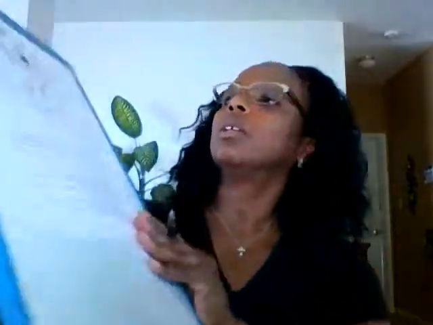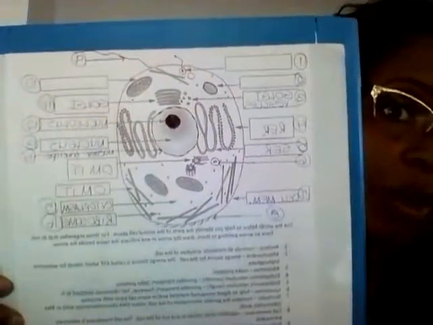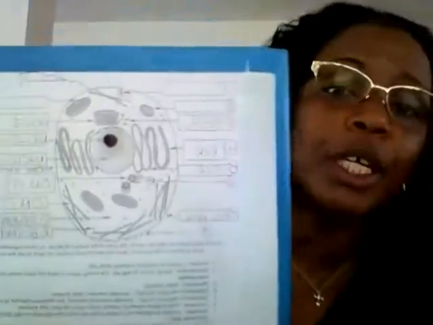Okay, so number 11 is the Golgi apparatus or complex. And then number 3 would be Golgi vesicles.